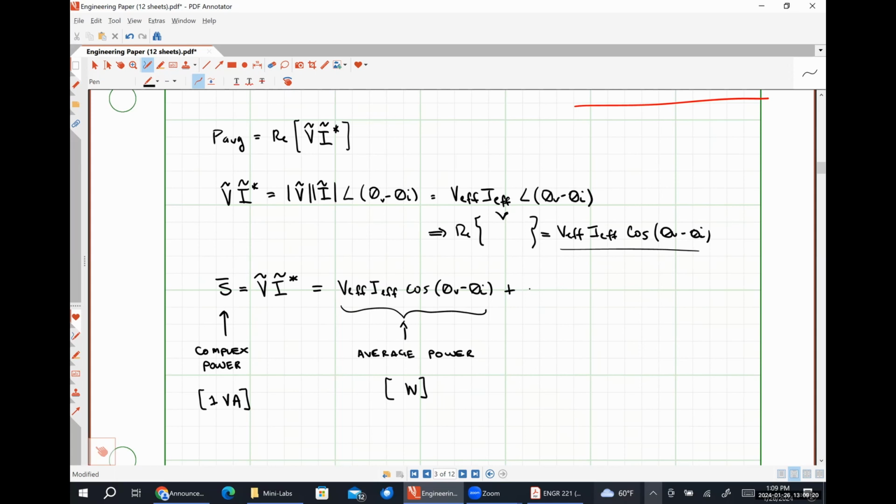We're also going to have some imaginary part. And the imaginary part of our complex power is going to be V effective, I effective, sine of theta V minus theta I. And everything there without the J is what is commonly referred to as the reactive power.